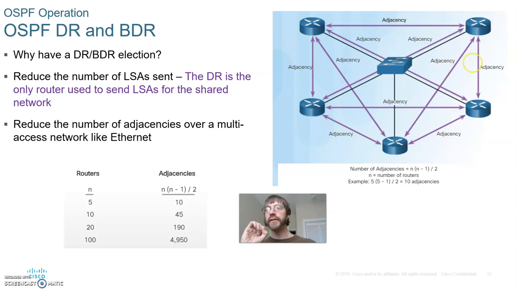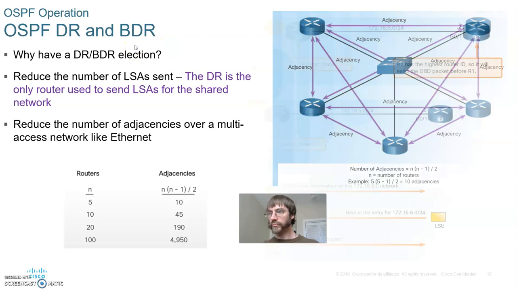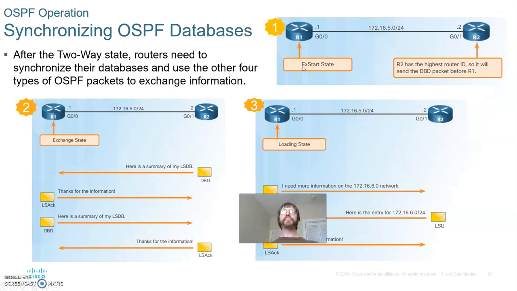So let's talk about database synchronization. Now this is only going to happen in an Ethernet network. If you build your OSPF topology using a non-multi-access technology, say serial lines, it never even happens. So after we get into the two-way state, the routers have to synchronize all their databases.